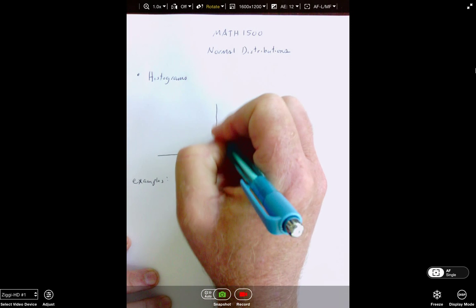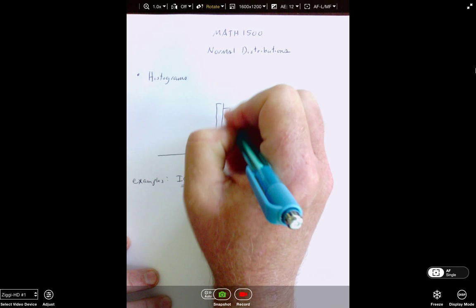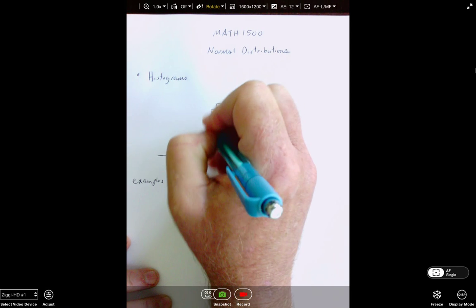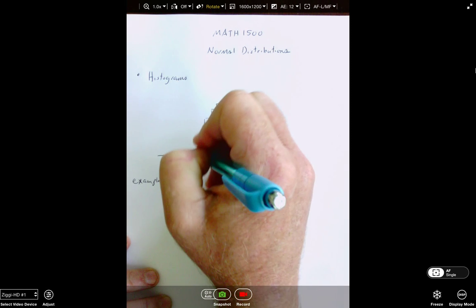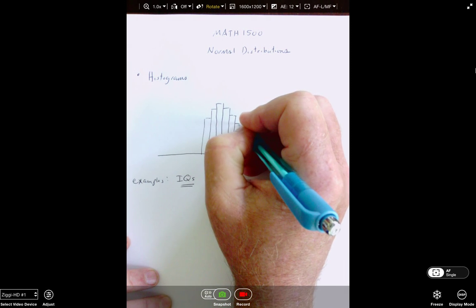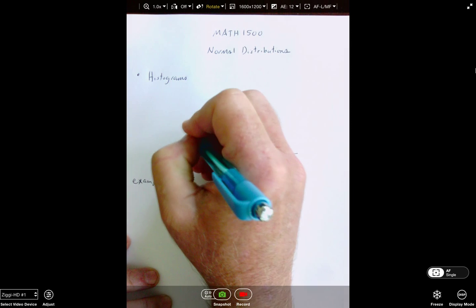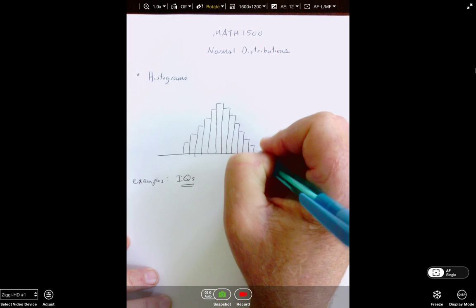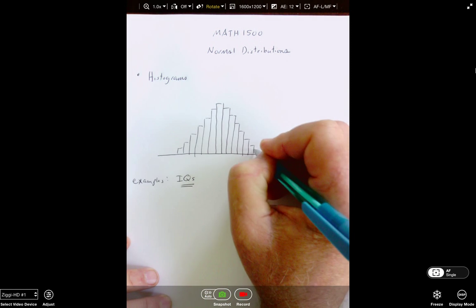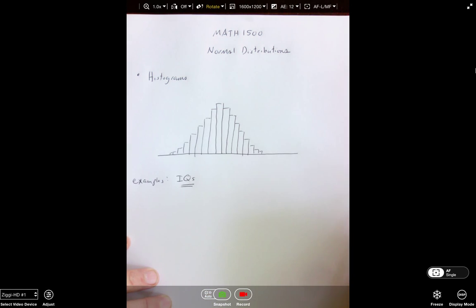Nevertheless, if we could go out and collect scores on IQs for everyone, there are certain types of histograms that are not only approximately bell-shaped and symmetric, they are perfectly bell-shaped and symmetric.